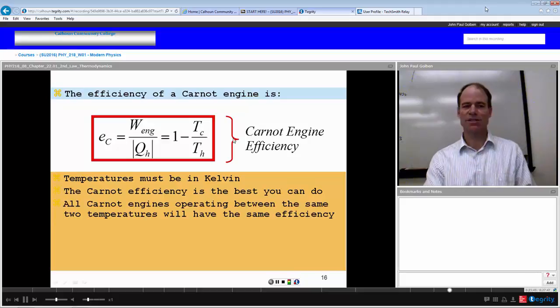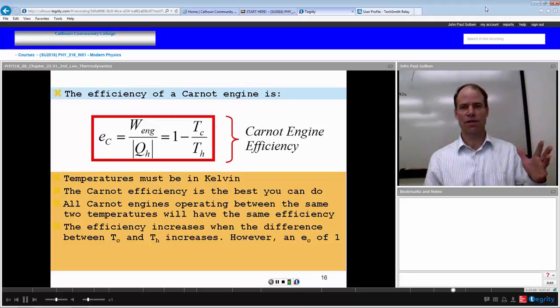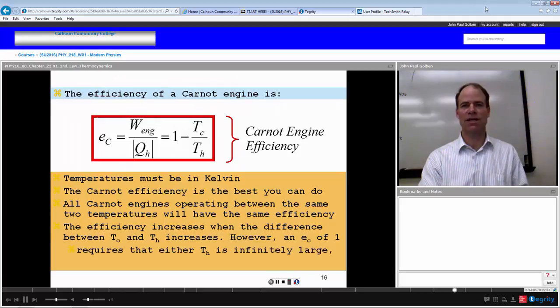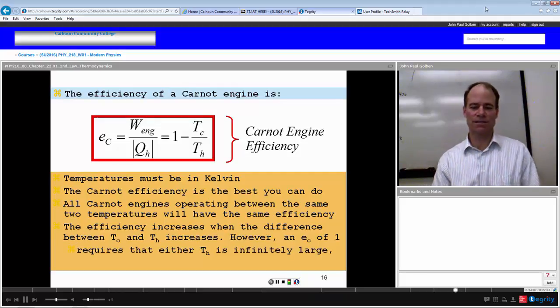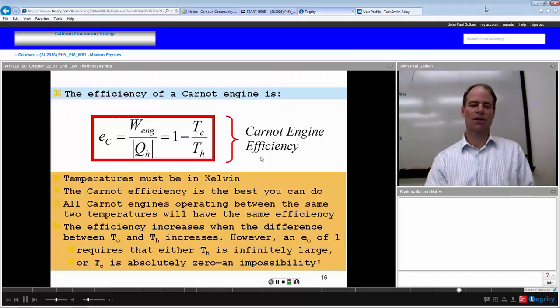This is the best you can do. So all Carnot engines operating between these same 2 temperatures will have this same efficiency. The efficiency will increase when the difference between the cold and hot temperatures is expanded. However, it's impossible to have an efficiency of 1, because that would either require that our hot temperature was infinitely large, not possible, in order to make this fraction 0, or that our cold temperature was absolute 0 in order to make that fraction 0.